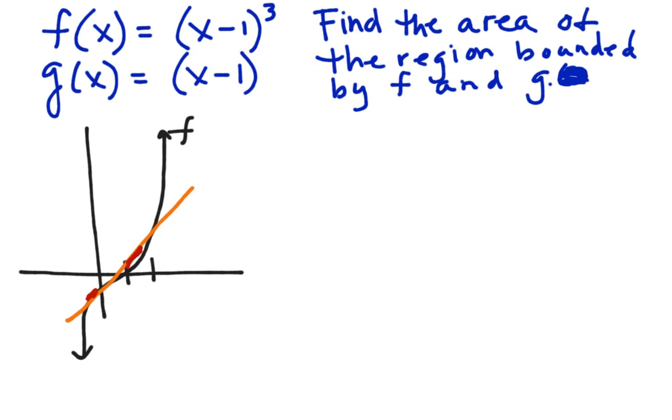So if you're like me, not the best drawer, then how am I going to do this analytically? And of course there's a way to do this analytically that's going to make perfect sense. So I want to look to see the area bounded by these two graphs. So let's see where they intersect each other. Those are going to be pivotal points. So x minus 1 cubed equals x minus 1.